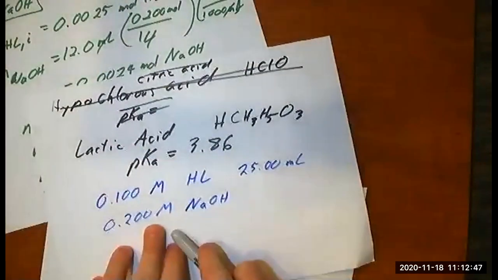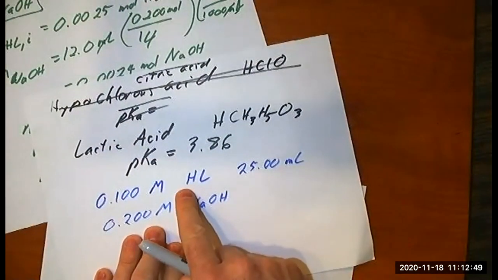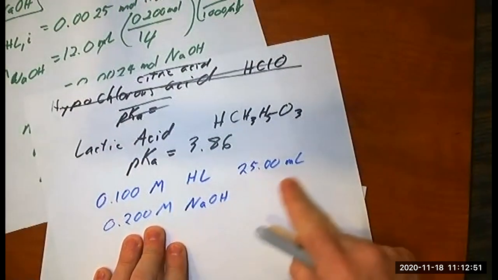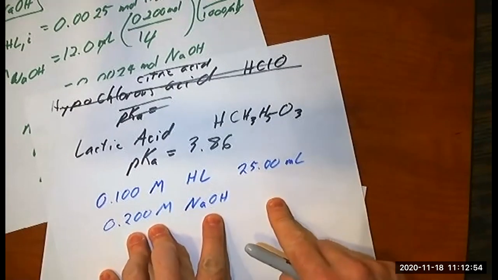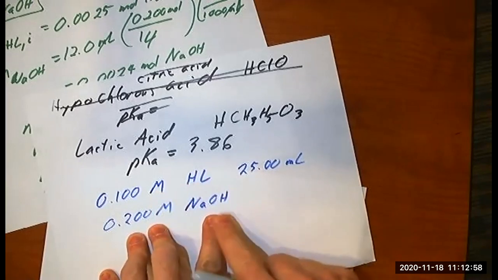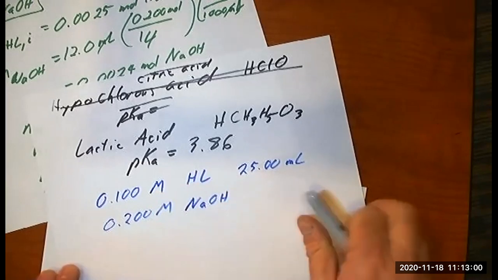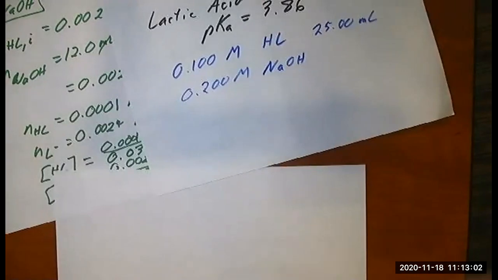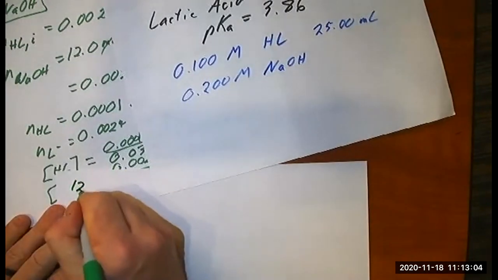And we can tell that from the volumes and the concentrations here because the sodium hydroxide is twice as concentrated as the HL. So half the volume of the sodium hydroxide will be the same amount as we had there. So that's how I knew it was 12.5. Okay. So let's do that 12.5 calculation now.